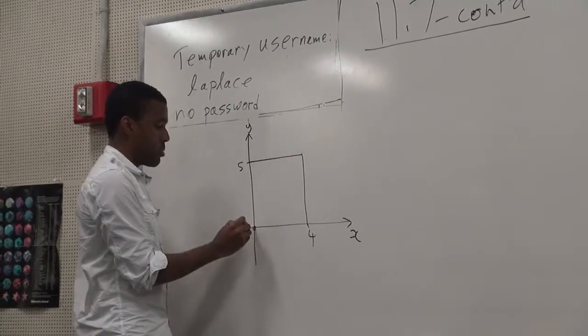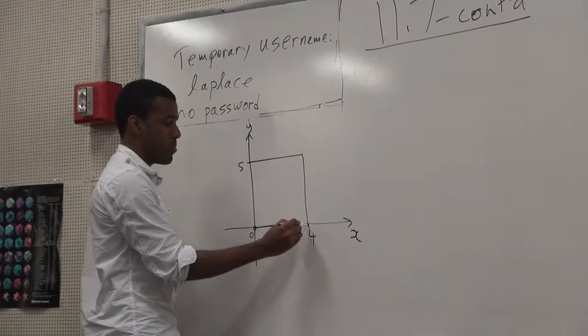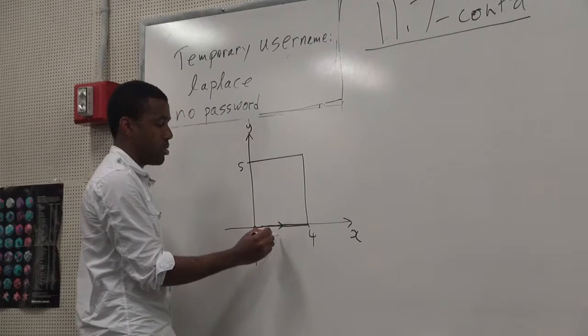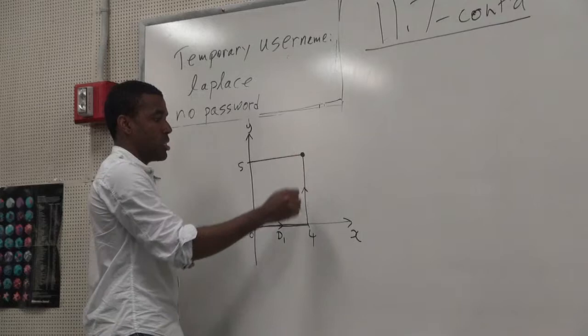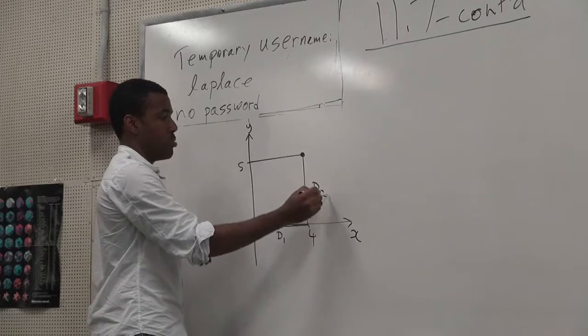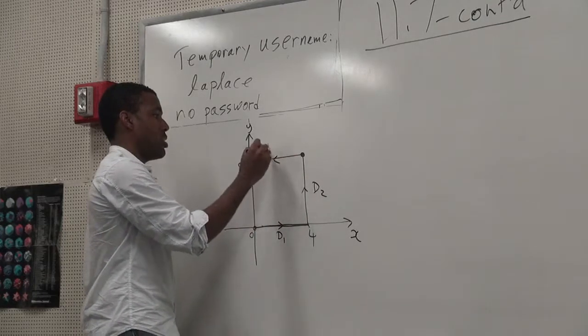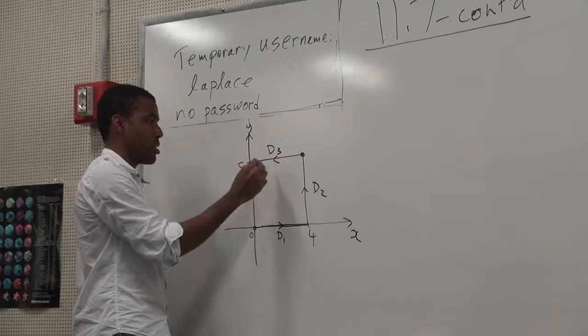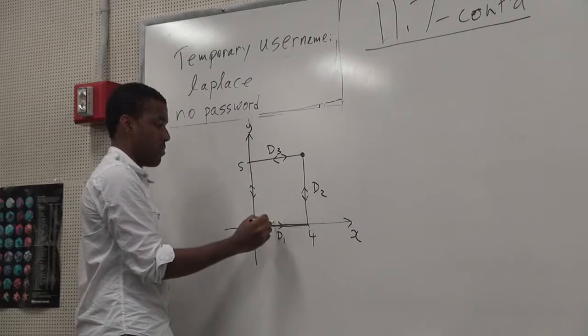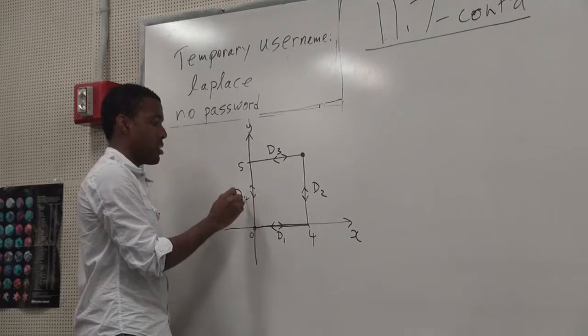So there's first the boundary curve between 0 and 4, which I can call D1. There's the one from here to here, that's D2. Here to here, that's D3. Direction doesn't matter, I'm just marking curves. Here I can call this D4.